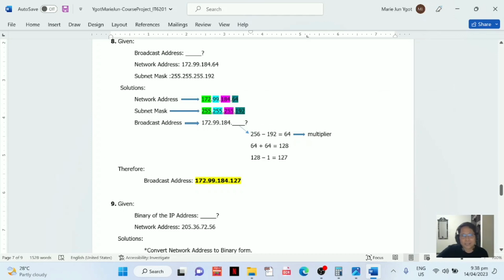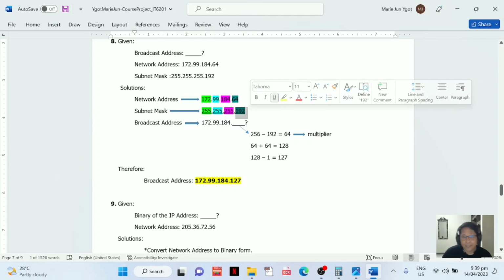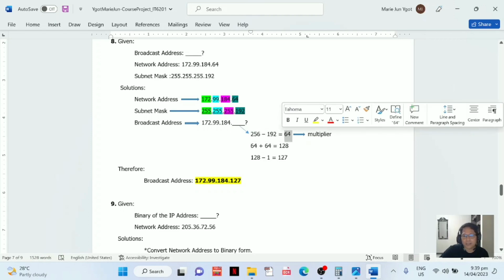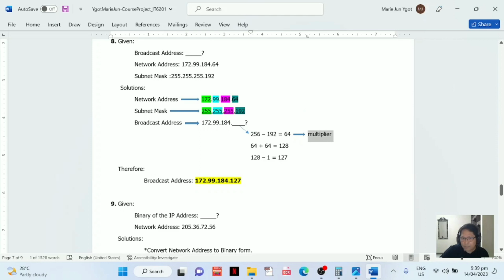And now for the last octet, we're going to solve this one because 192 is not 0 and it's not 255. Some people call this one the funny octet. So we will solve this funny octet here. Using our formula again, 256 minus 192, we got 64, and this 64 becomes our multiplier.